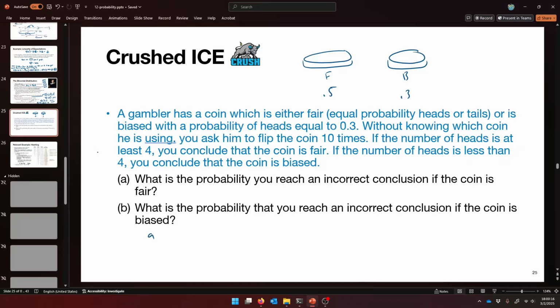All right, let me just do it down here. The probability that you were wrong if the coin was fair means that you thought it was biased because you saw less than 4 heads, so you saw less than or equal to 3 heads.